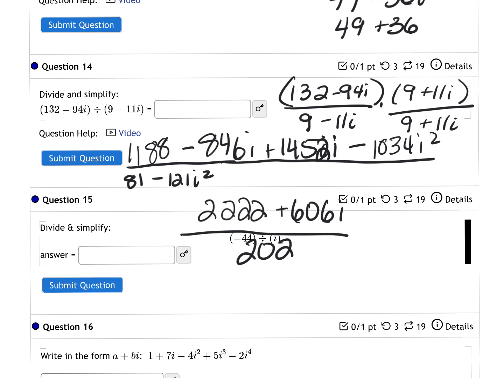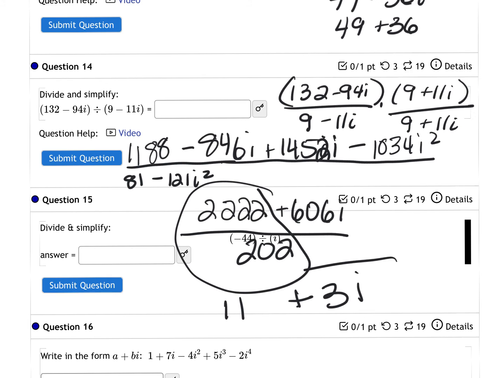Now we can see if these reduce. This one is 11, and 606 divided by 202 is obviously 3, so it ends up being 11 plus 3i. So there we go.